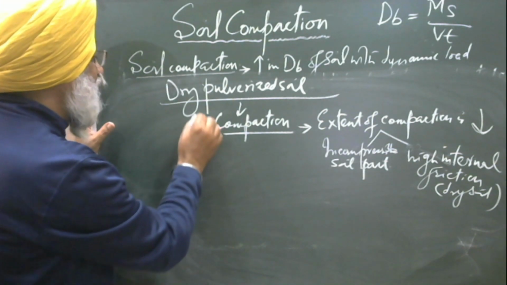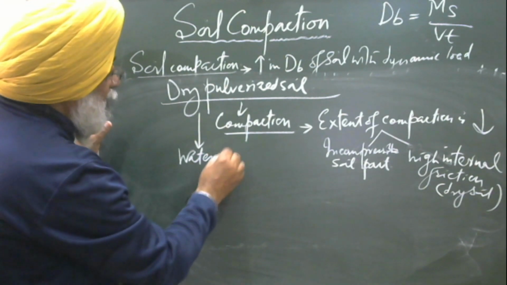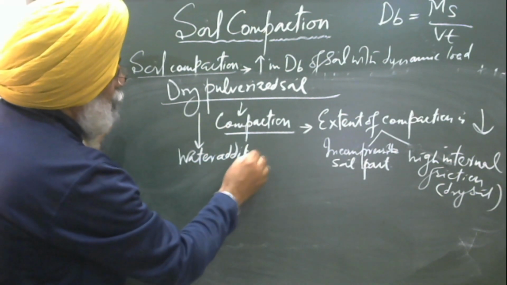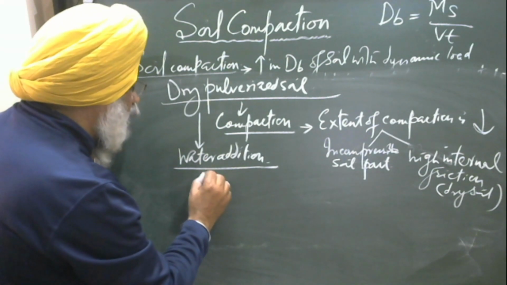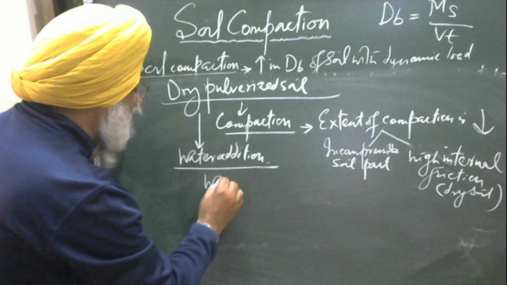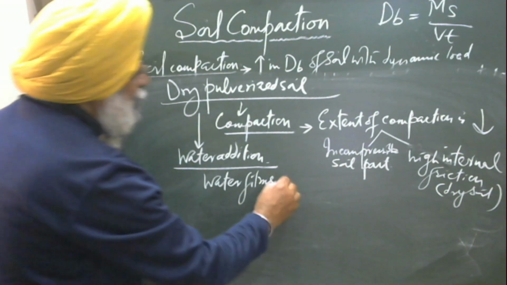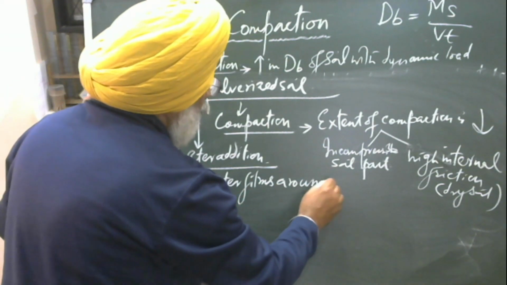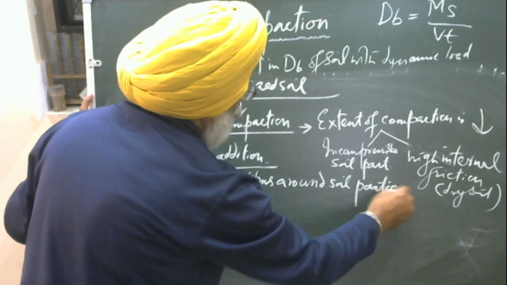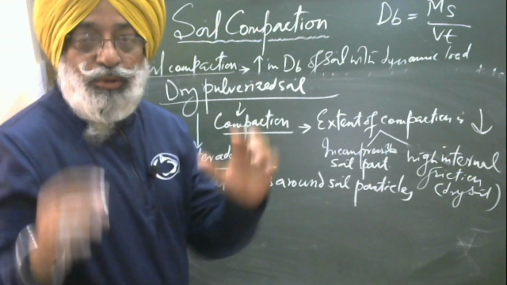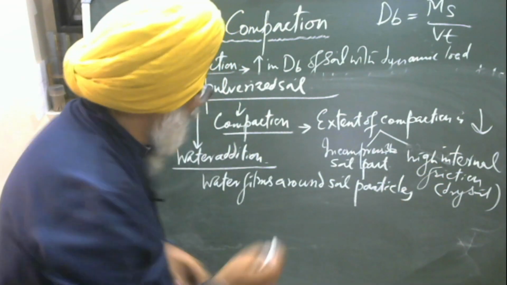Now when you add water into it, water films are created around soil particles, and those water films decrease internal friction.